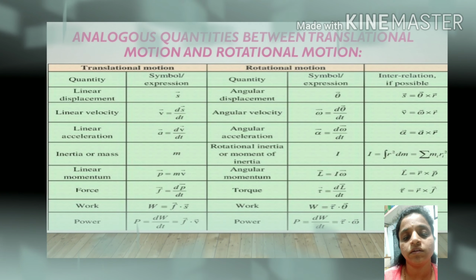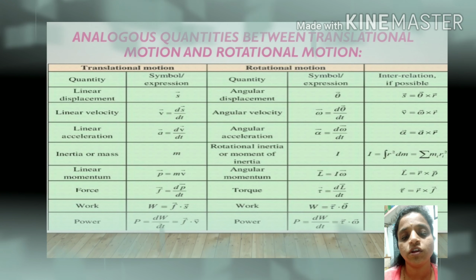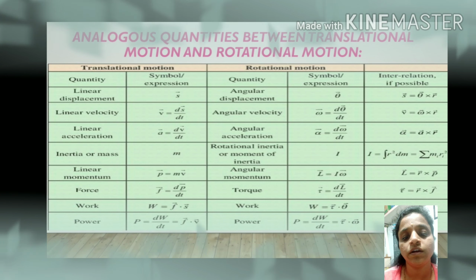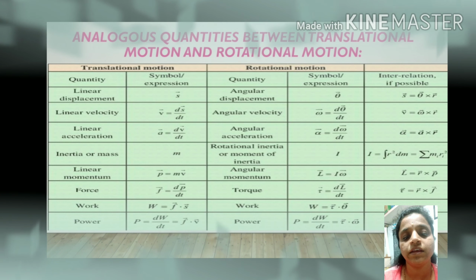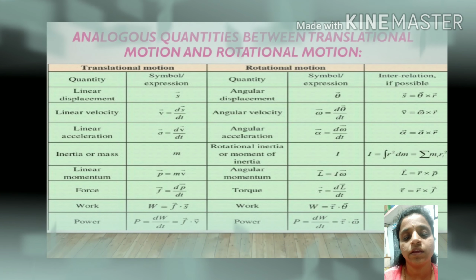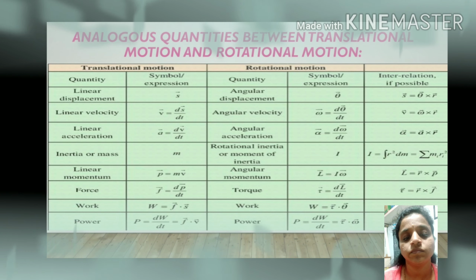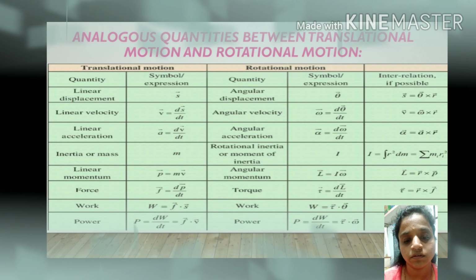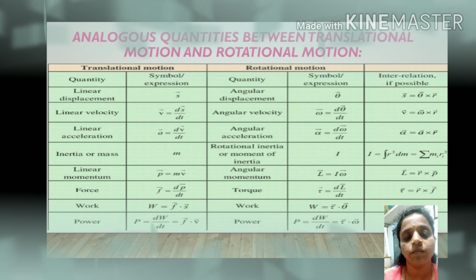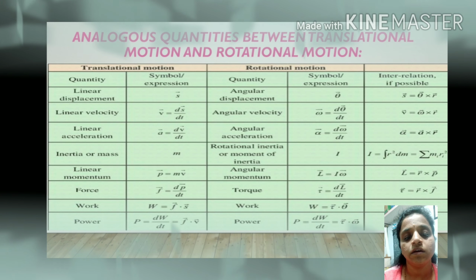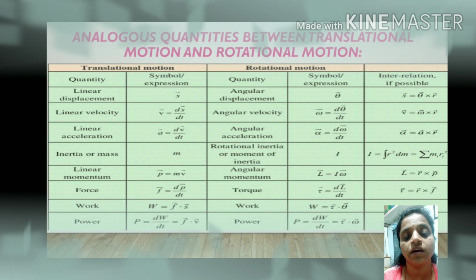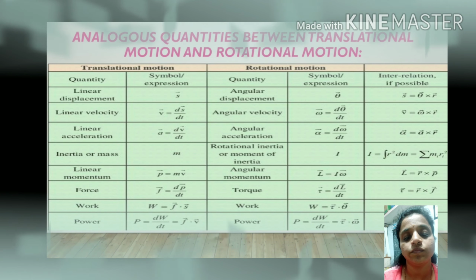Likewise in angular or rotational motion, work is tau bar dot theta bar, and it is a scalar quantity. Then after, power, which is again a scalar quantity, P is equal to the rate of change of work, dW upon dt. Here W is capital for work, and omega is small w.